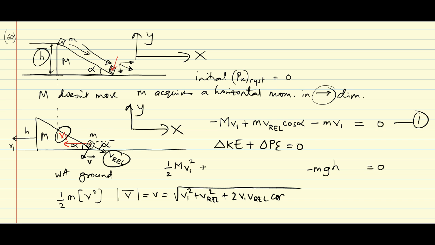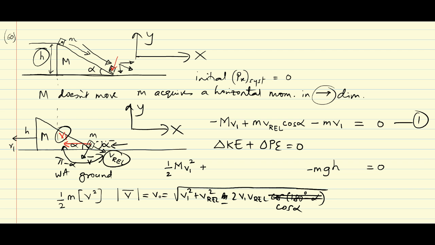I'm talking about this angle, and since this angle is alpha, this must be pi minus alpha, 180 degrees minus alpha, and of course this is going to be minus cos alpha, so I write cos alpha here and I change this to a minus sign.